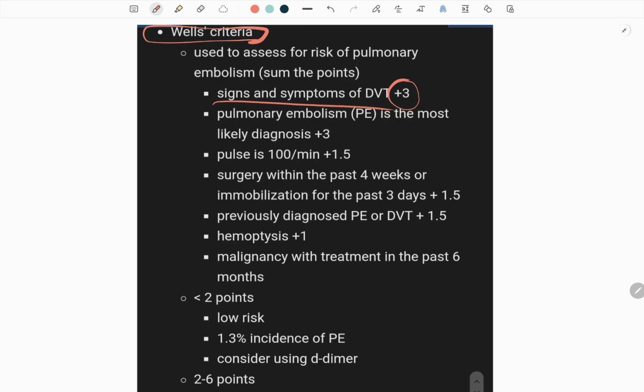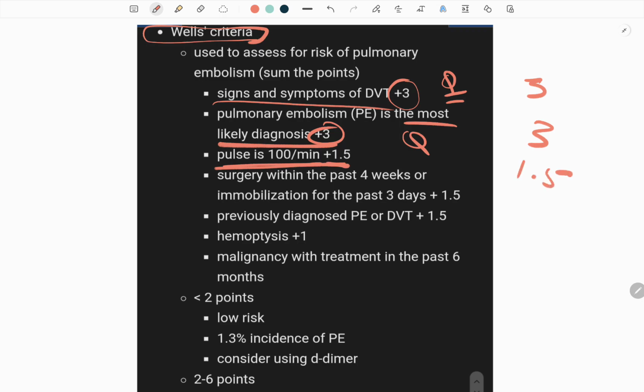So yes, 3 points we can give here to our patient from the question that we saw at the start. Is pulmonary embolism the most likely diagnosis? Again, +3, because in the question the most probable diagnosis was pulmonary embolism. Pulse rate more than 100: in our patient it was 112, I think. So 1.5 we have to add.